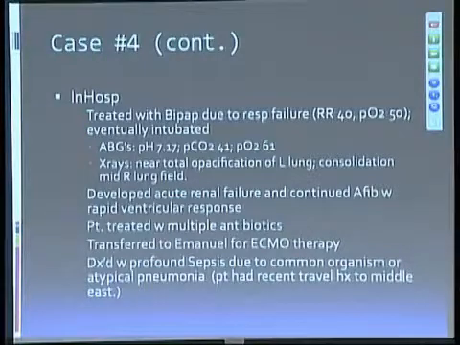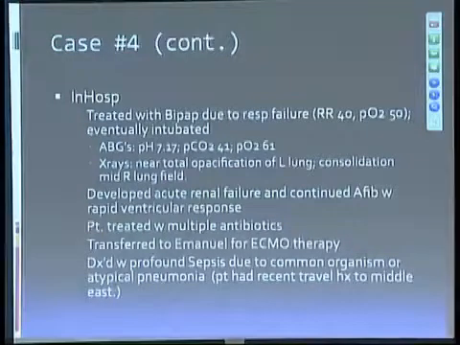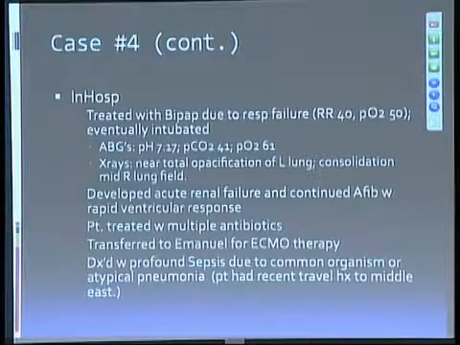Respiratory rate's 40. His PO2 with BiPAP is 50. Continues to decrease. Eventually, he's intubated. His blood gas pH is 7.17. PCO2 is 41, so he's quite acidotic. Probably lactic acidosis at this point.